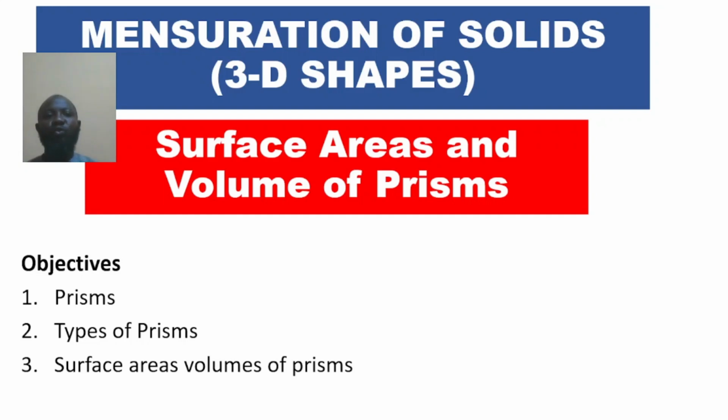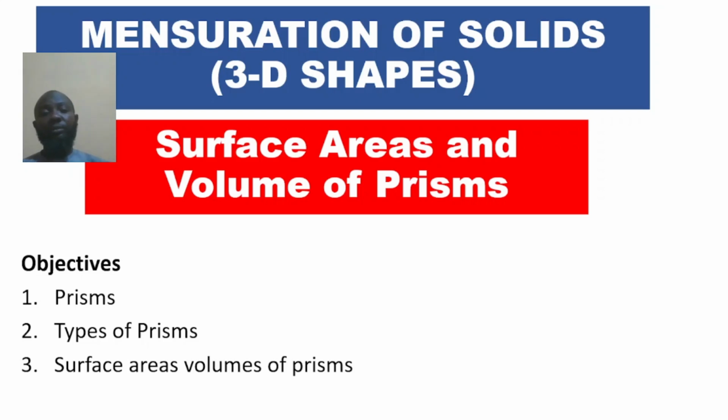So in this class we want to look at mensuration of solids, which is also known as mensuration of 3D shapes. 3D shapes, as you all know, you have done that before, so there is not much to do on that. But what we have in mind in this video is to look at surface areas and volumes of prisms.